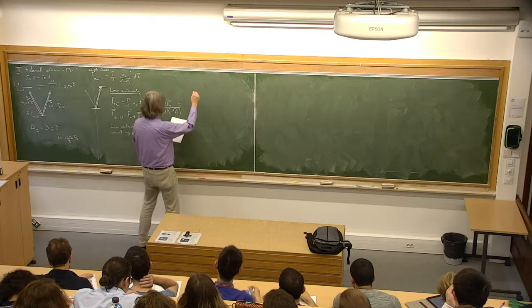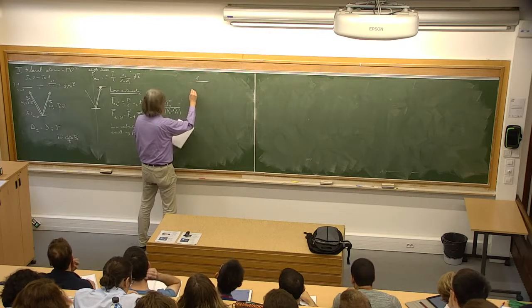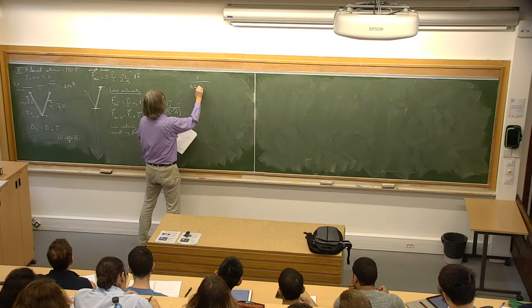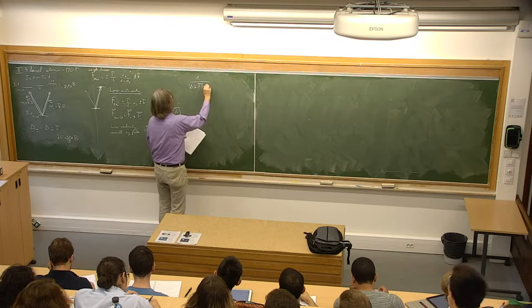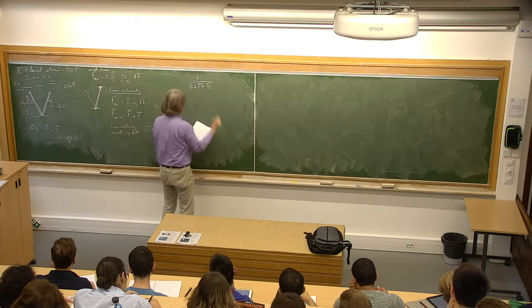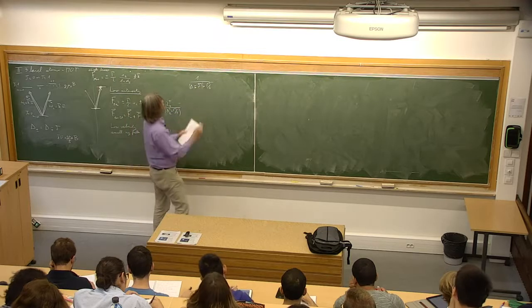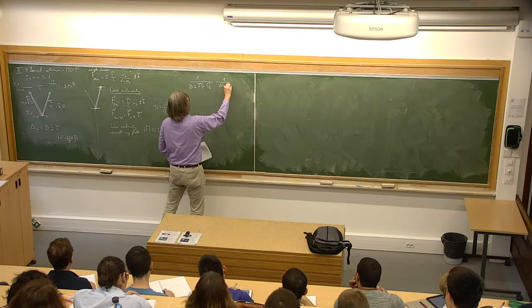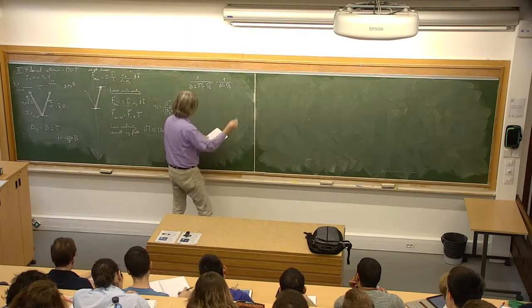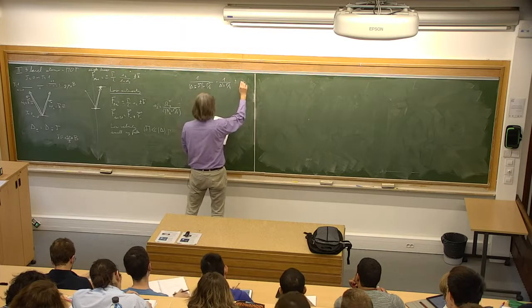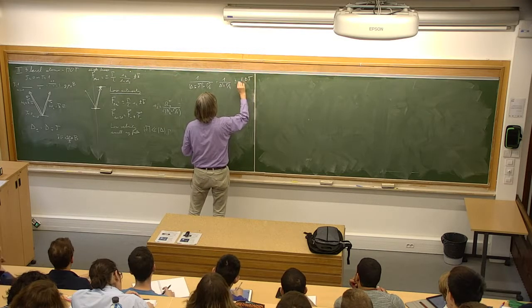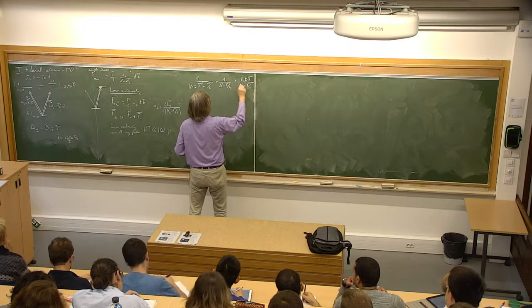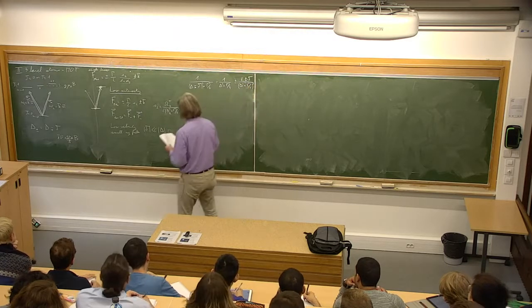I rewrite the denominator as delta squared plus gamma squared divided by 4, and I expand it assuming that delta is small. So I have the main part, which is gamma squared divided by 4, and plus or minus 2 delta divided by delta squared plus gamma squared divided by 4, squared.